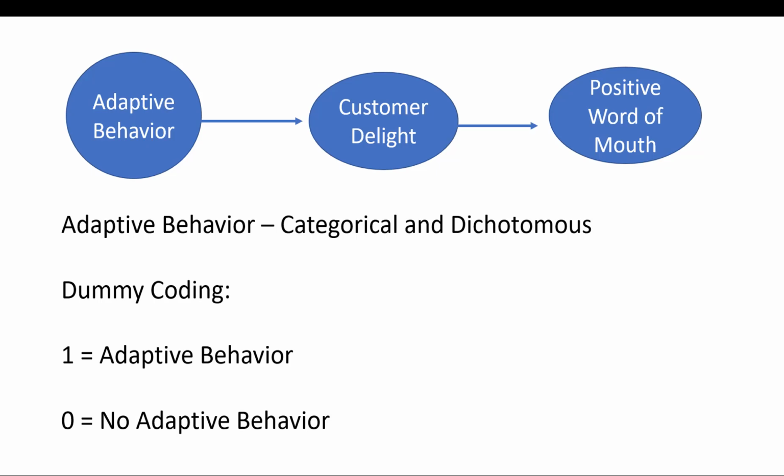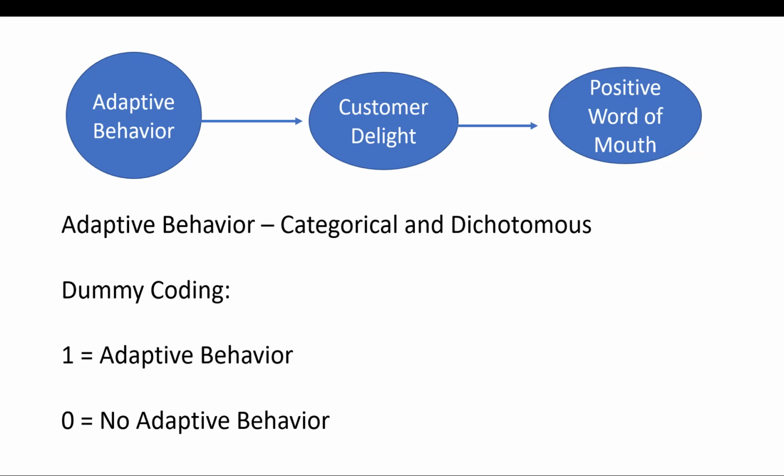If we had adaptive behavior at the very beginning, that independent variable, as just a dichotomous categorical variable, it may simply be: did they adapt the behavior or did they not adapt the behavior? So we had two categories. What we'd do is go into SPSS, form a new variable, and dummy code those.